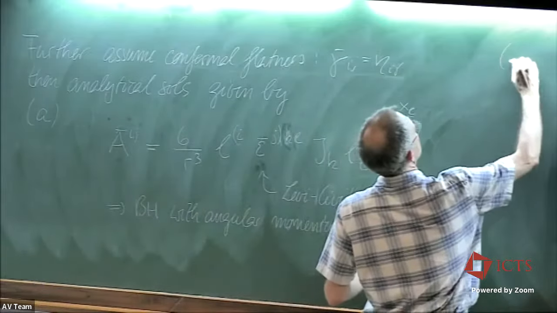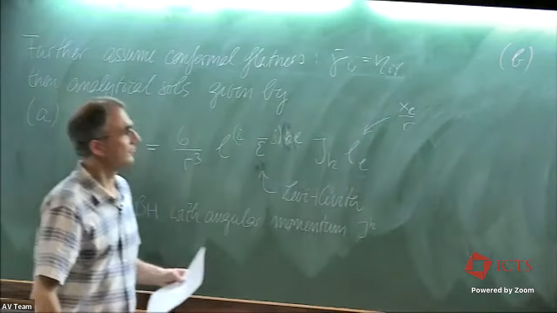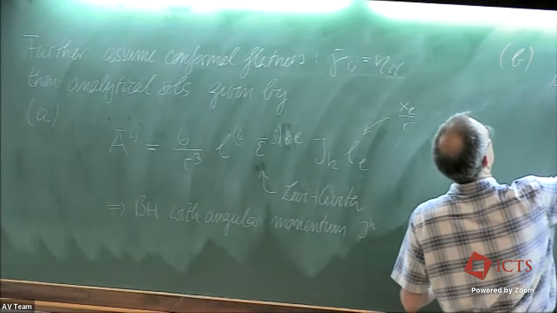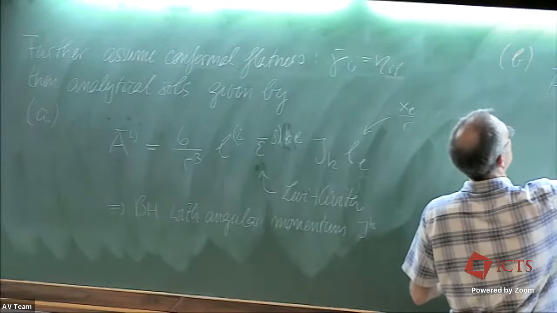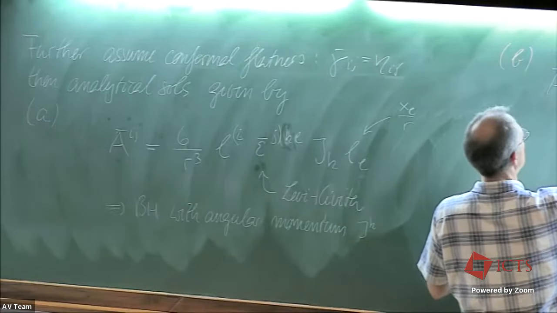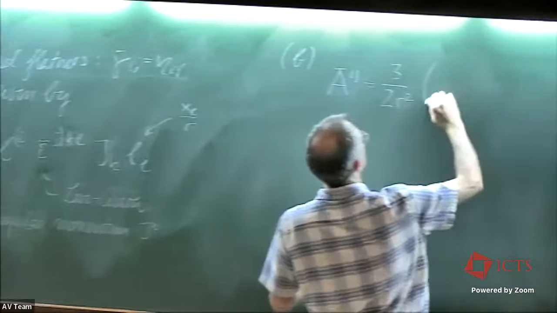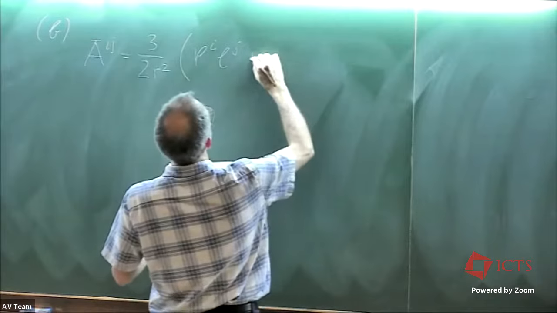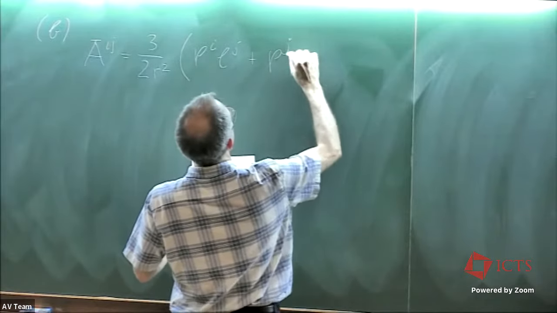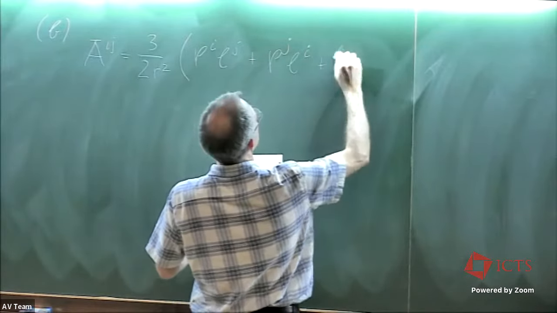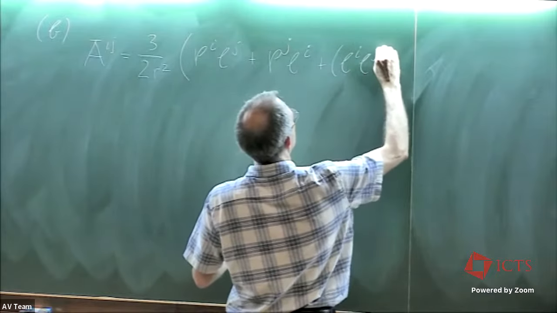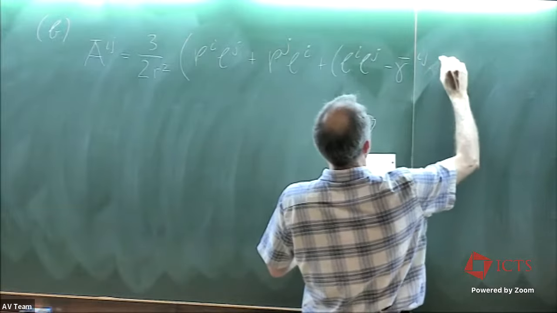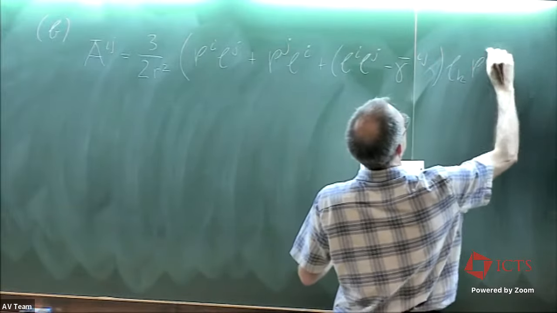That is the first solution. Here's another solution. Namely, Aij bar equals 3 divided by 2 r squared times pi lj plus pj li plus li lj minus gamma bar ij times lk pk.